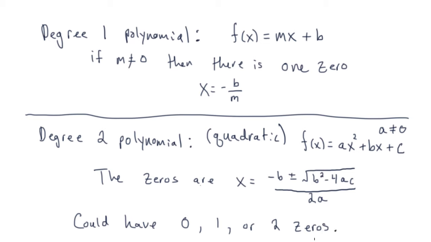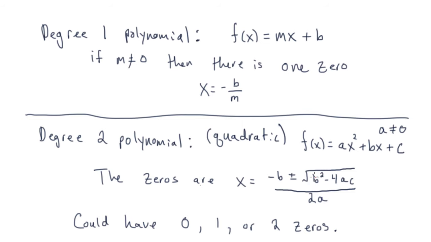And what we see, how could we have 0 zeros? Well, that's if this factor b squared minus 4ac is negative. We have exactly 1 zero if this factor b squared minus 4ac is equal to 0. And then we have 2 zeros if this factor b squared minus 4ac is greater than 0.